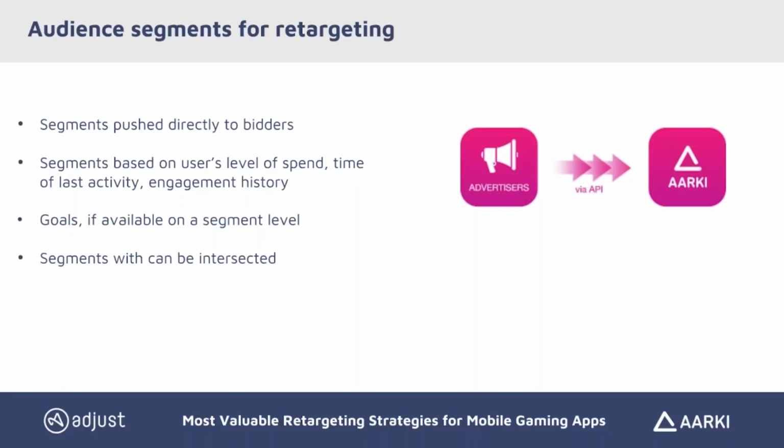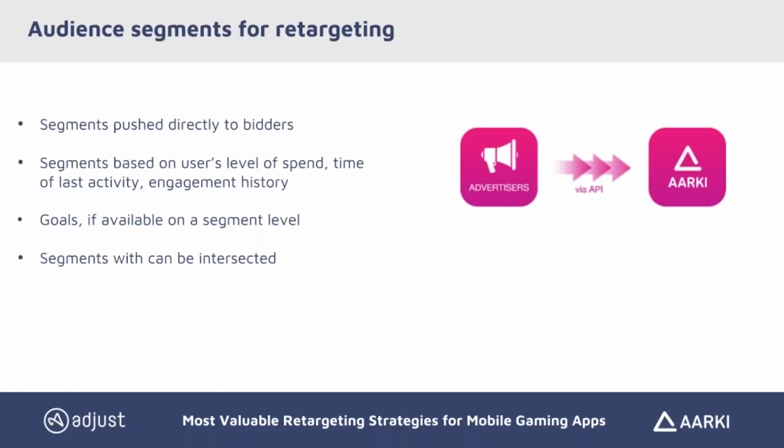We can work in a variety of ways, whether through direct integrations with our audience API or through partners and integrations like the Adjust Audience Builder. While we recognize that sharing extensive user data is something that advertisers want to share only with select partners, for us we see it as a way.